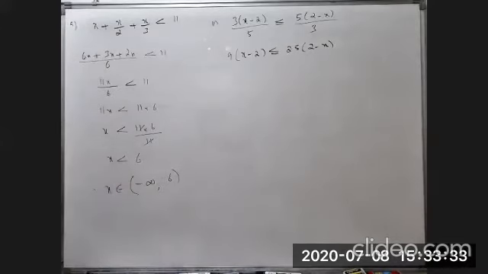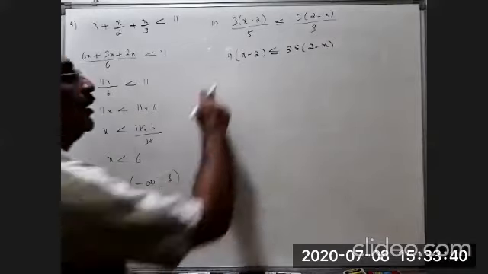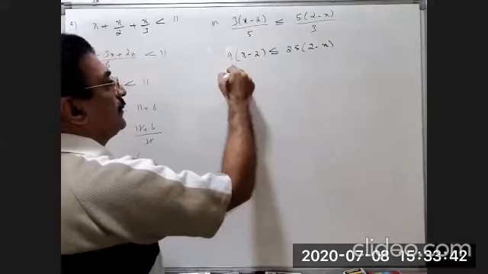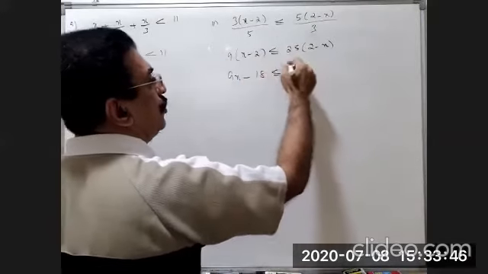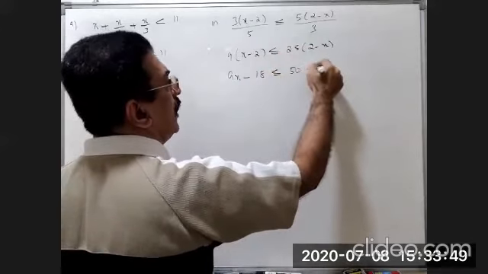Yes, most of you got the answer. 9x minus 18 less than or equal to 50 minus 25x.